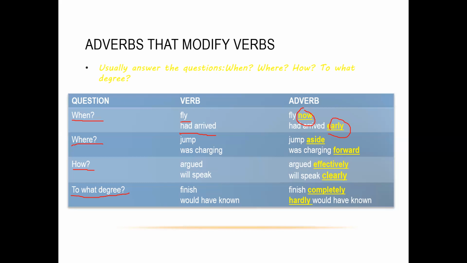It was the flow of traffic, or the traffic had flown heavily. Okay? So, in what degree did the traffic flow? Heavily. Okay? Or extremely. Okay? So, again, adverbs that modify verbs often answer the questions when, where, how, and to what degree. Any questions? Clear naman po. Okay.